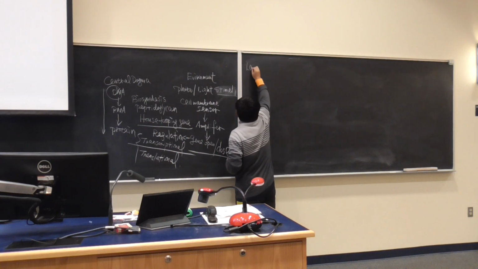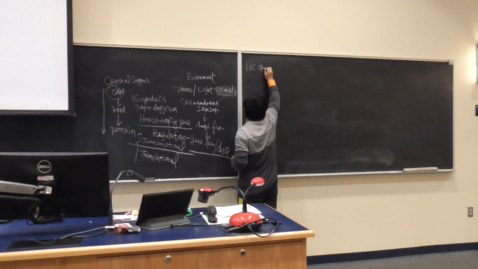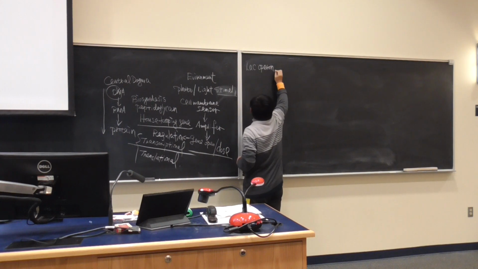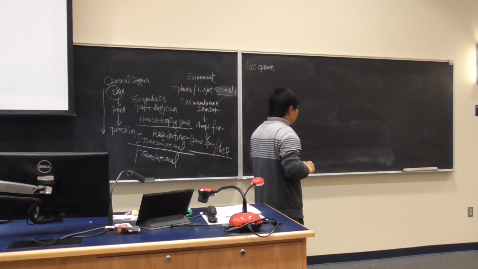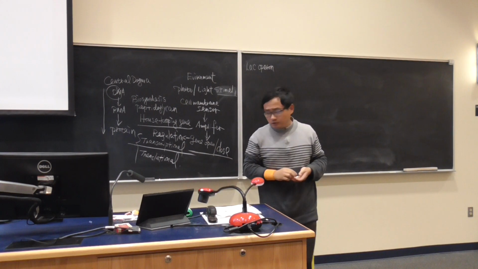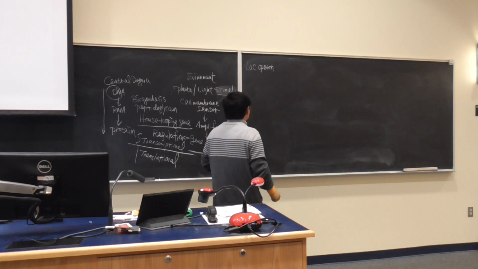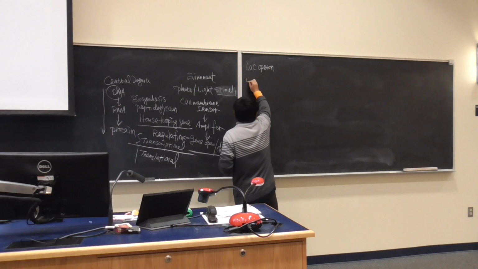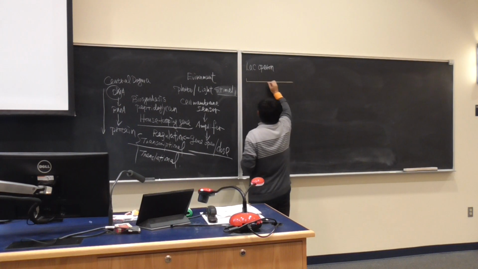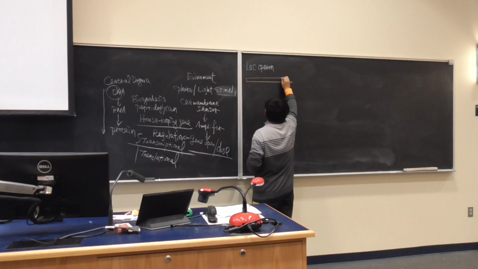So let's talk about the lac operon. Before talking about the lac operon, we want to give you an overall view of what the operon is. Basically, let's say there is a structural gene. It's like this.